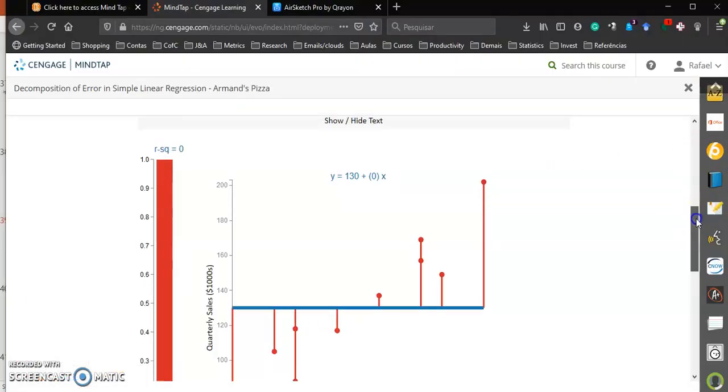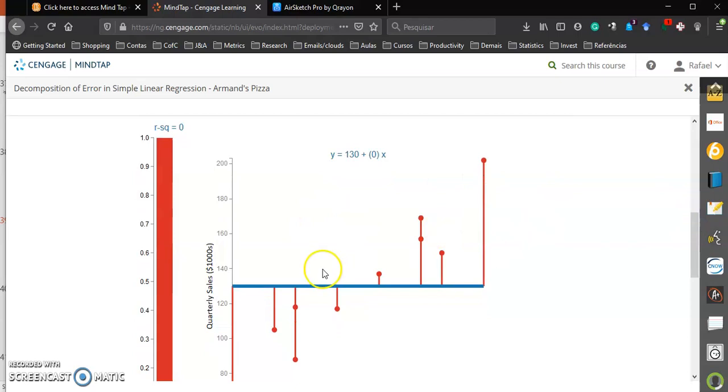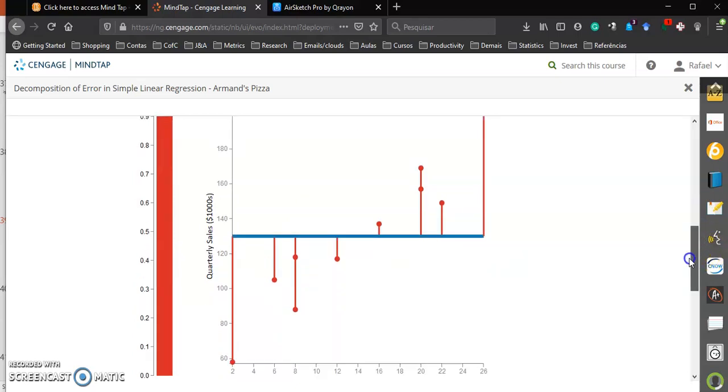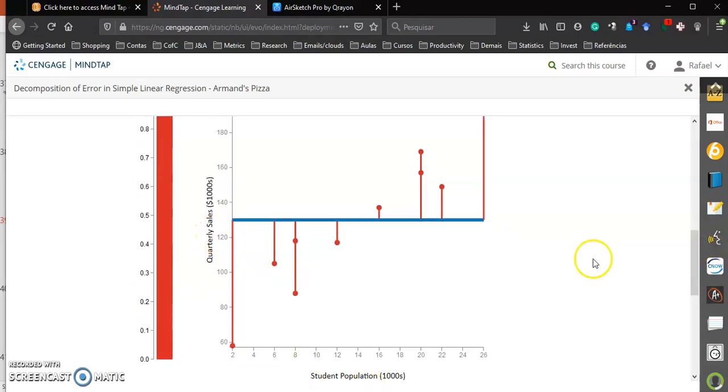And remember that I used this applet to explain to you the relationship between these two variables, the student population and sales. Here is the model. This model doesn't explain anything because sales doesn't vary. Sales is constant. So I can vary the student population. I'm increasing student population, but sales doesn't go up, doesn't go down.